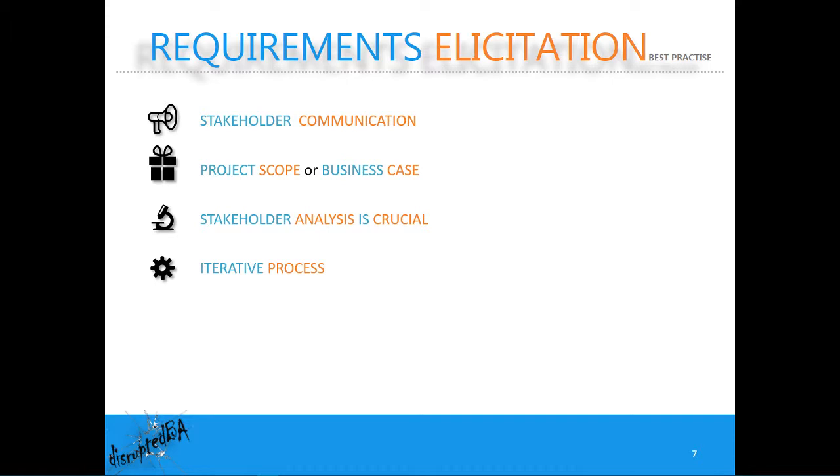Then understand that elicitation is an iterative process. You need to iterate as much as is needed to get to a point where you have sufficient information and understanding of a requirement. Remember that this is the input to your next phase, which is your analysis phase.